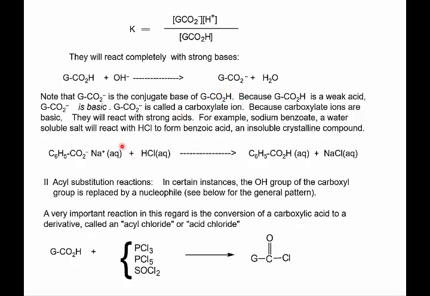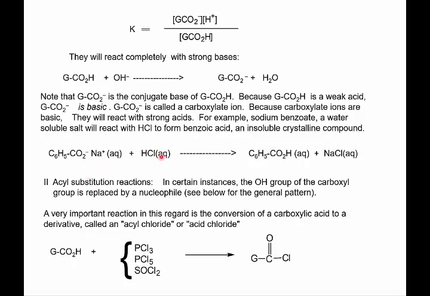You could have a sodium carboxylate here. This would have the name sodium benzoate. And so sodium benzoate is a compound that dissolves in water. The sodium ion is the spectator, but the carboxylate ion here, being the conjugate base of a weak acid, is weakly basic. It will behave as a weak base. If I were to just dissolve it in water, I don't show the equation here, it would produce hydroxide ions. It would reach equilibrium so far.